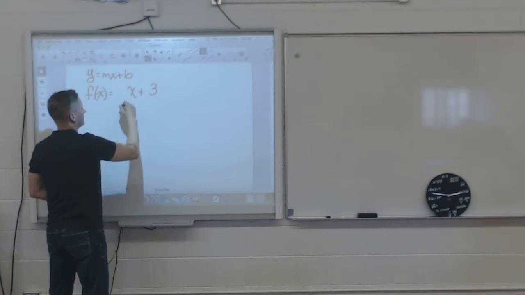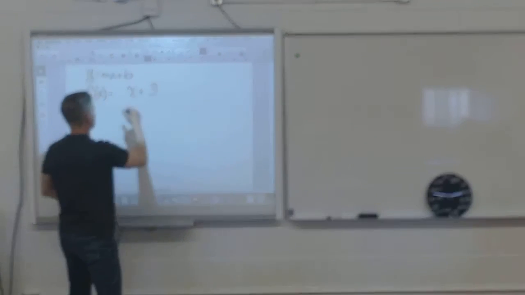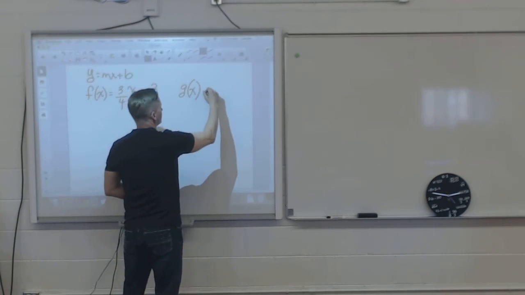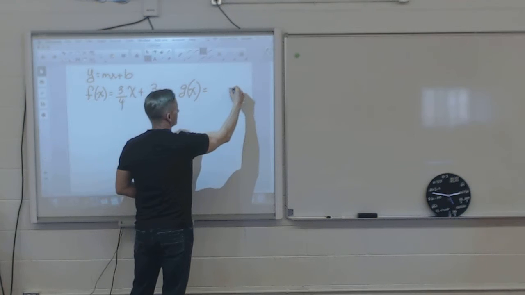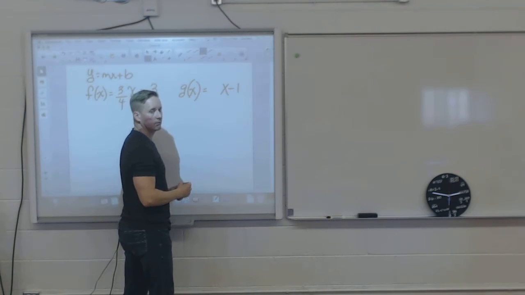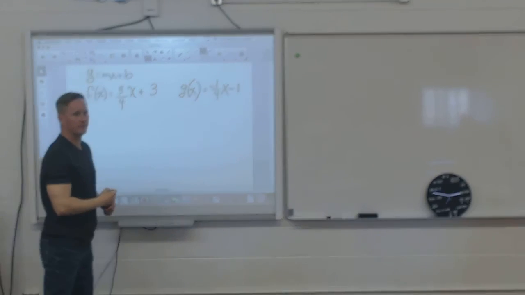What's the slope of that line? 3 over 4. Okay. Good. g of x. What's the y-intercept? Negative 1. What's the slope of that one? Negative 1 over 4. You guys agree with that?